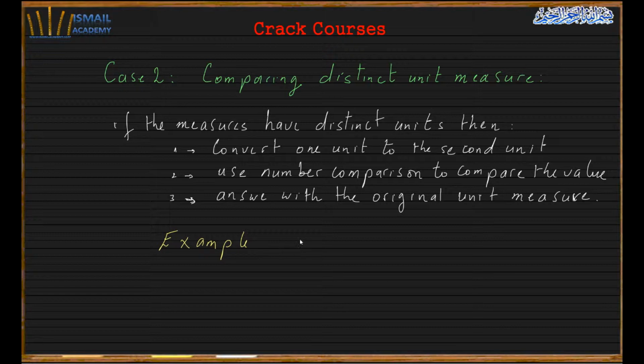So suppose I have 13.5 kilometer and 457.43 decameter, for example. I want to compare those two. So like I say, it's better to convert from higher to smaller unit measure. So when you have 2 units, one of them must be greater.